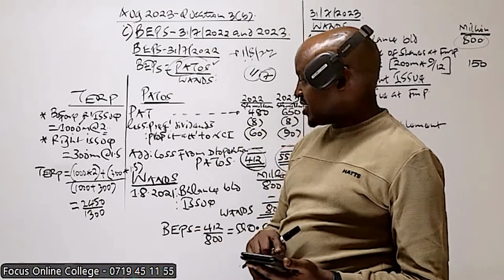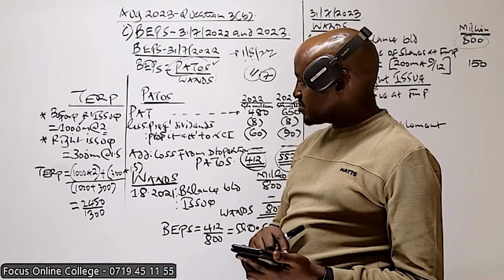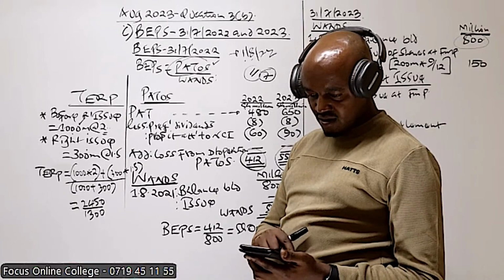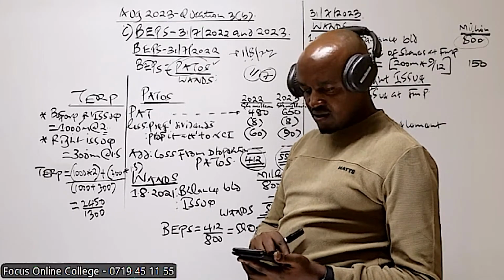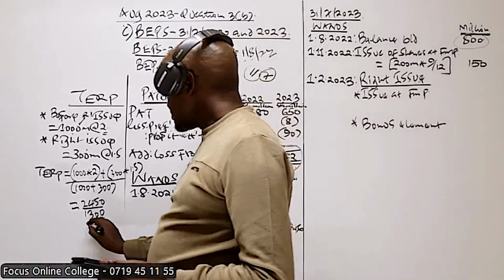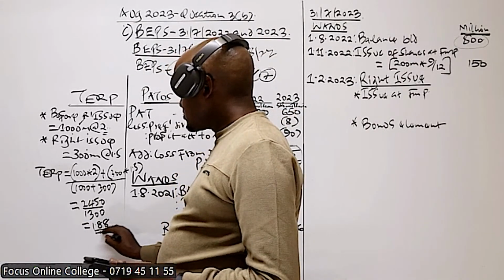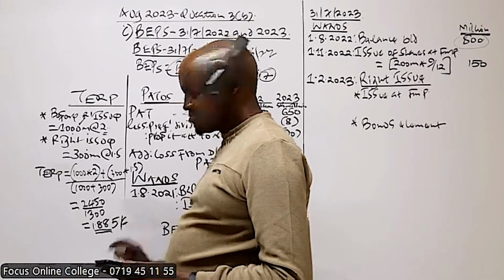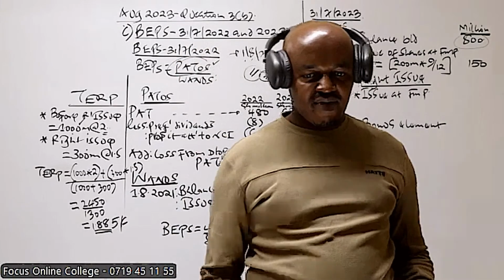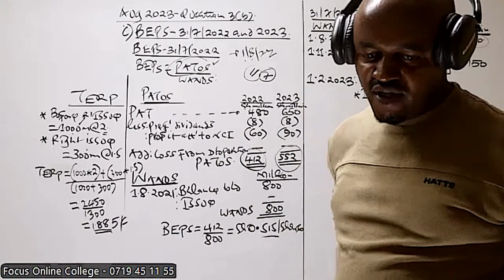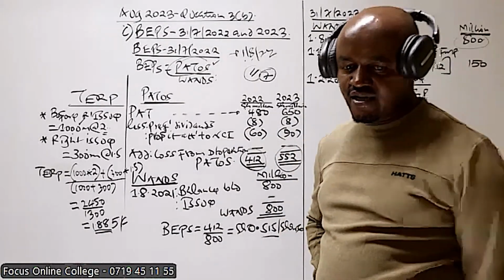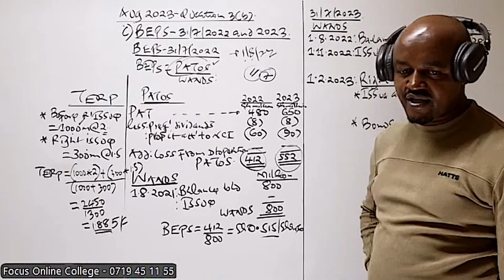I hope that is what you're getting. Yes, I'm getting something close to that. 1.885. That is now called the theoretical ex-rights price.